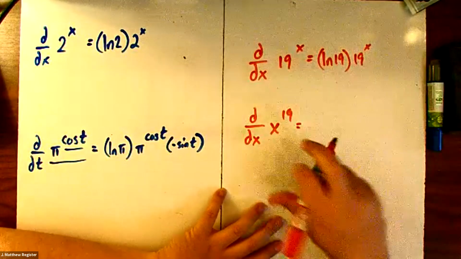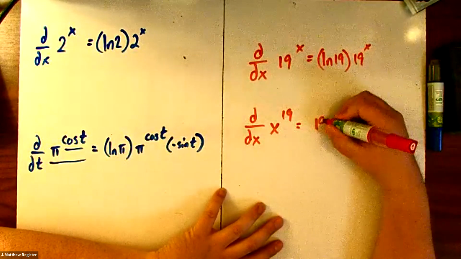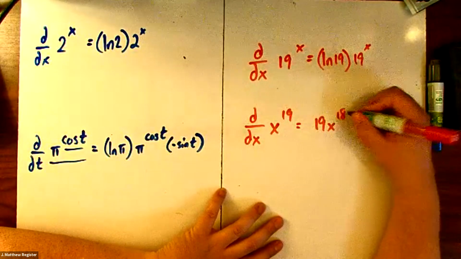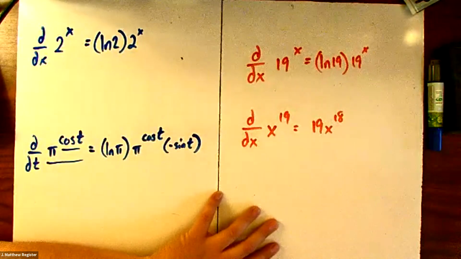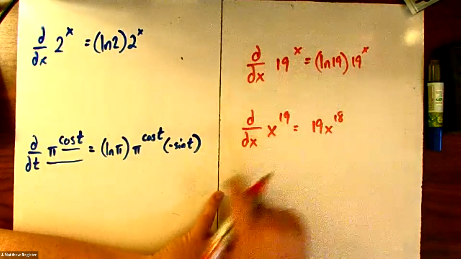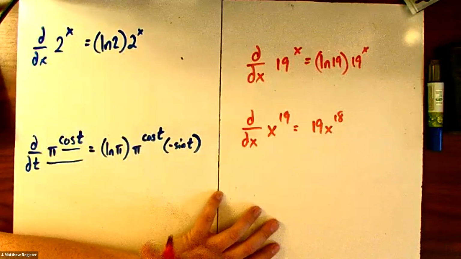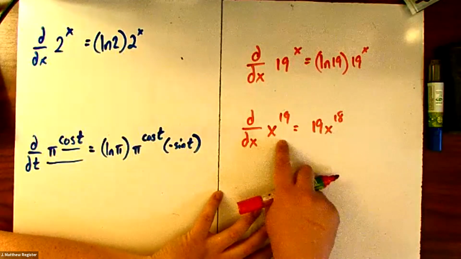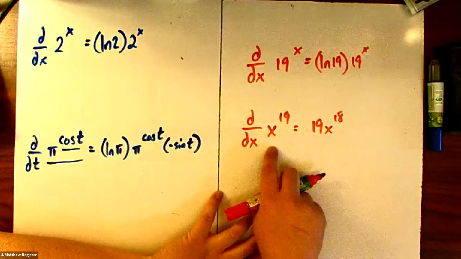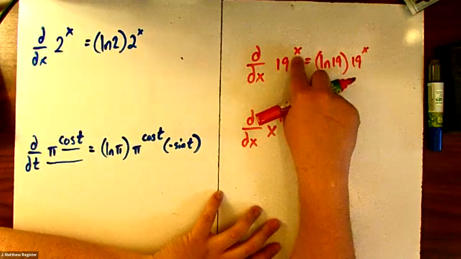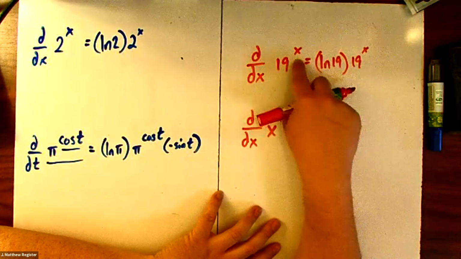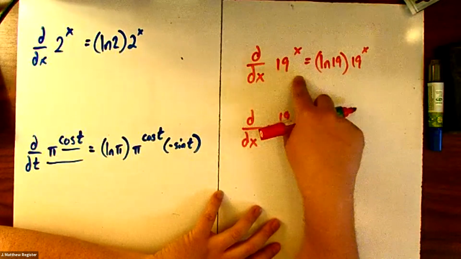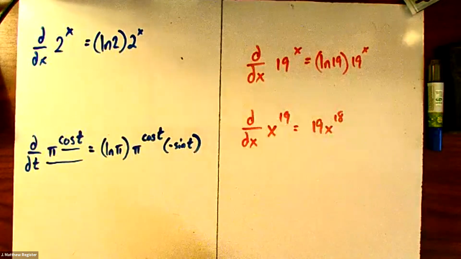Whereas this one just requires the power rule, 19x to the 18th. The key difference is where the exponent is. If the exponent is in the base, then it's a polynomial, and we can just use the power rule. If the variable is in the exponent, then it's an exponential, which means we have to use our exponential rules.